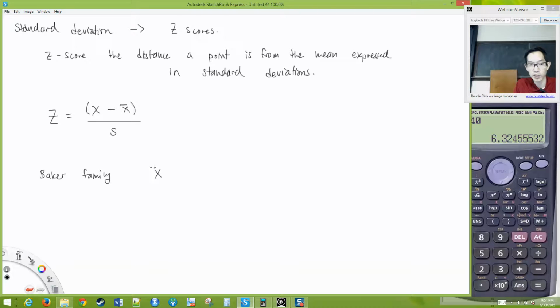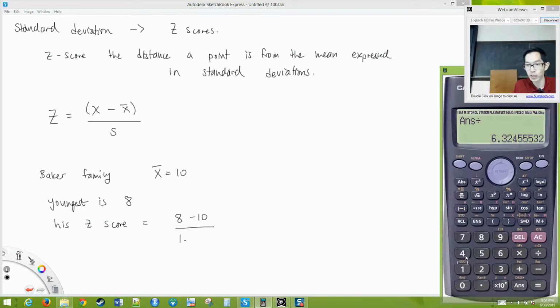okay, x bar, the mean age is 10 years old. Okay? And the youngest is 8. Okay, so his z-score is equal to 8 minus 10 divided by the standard deviation, which I think we said was 1.5811.